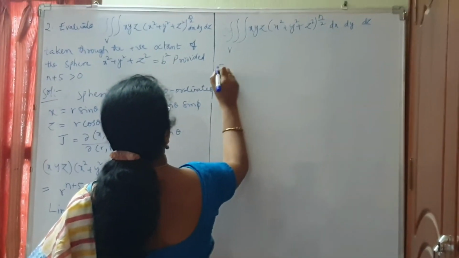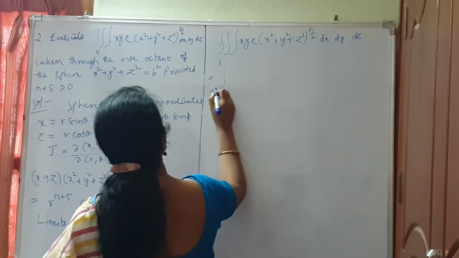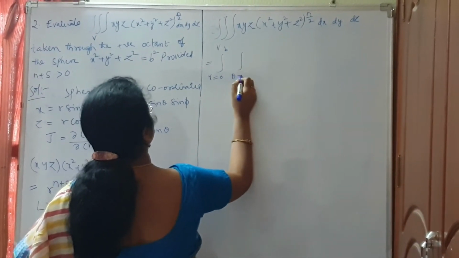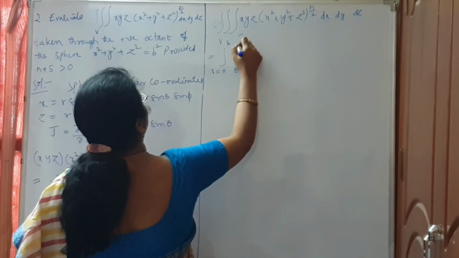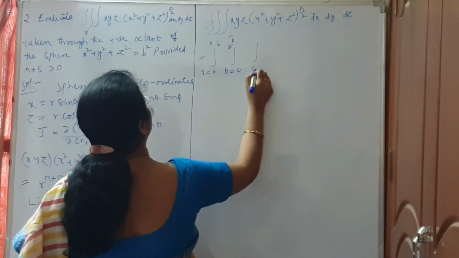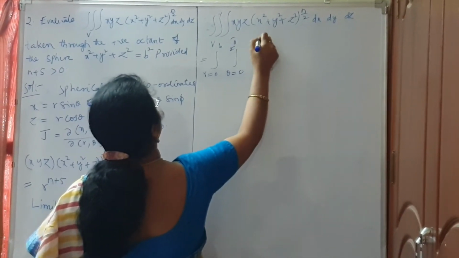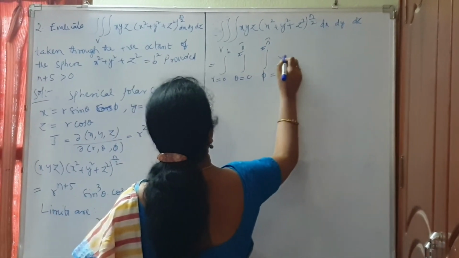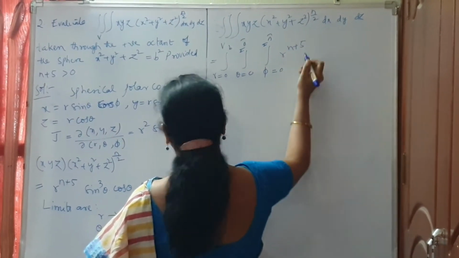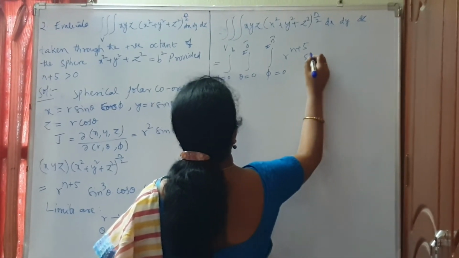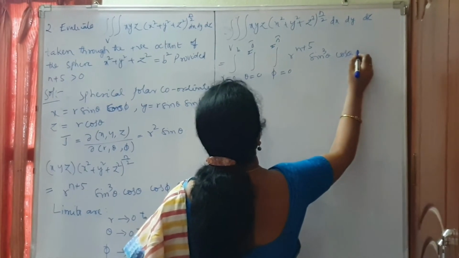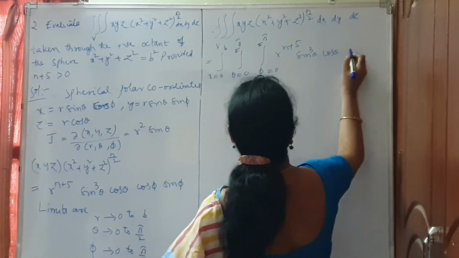Now it is transformed to spherical coordinates. r varies from 0 to b, theta varies from 0 to pi by 2, and phi varies from 0 to pi by 2, and the function is r power n plus 5 into sin cube theta cos theta sin phi cos phi.